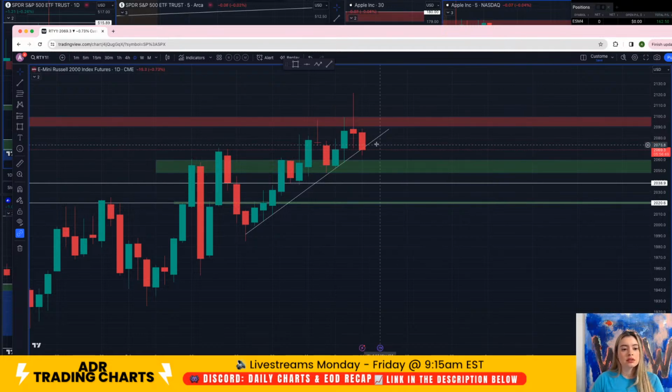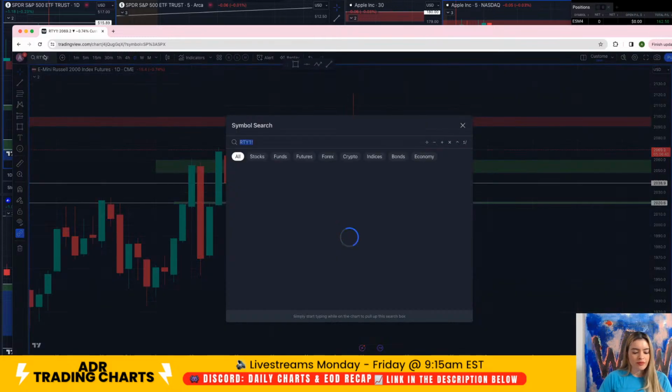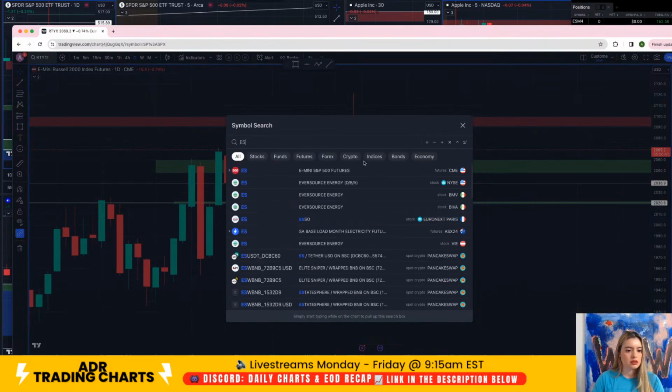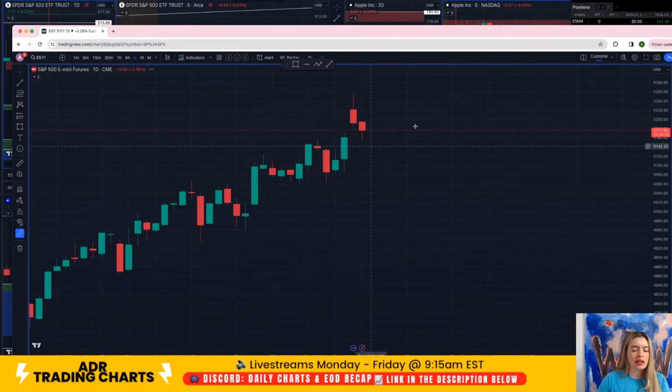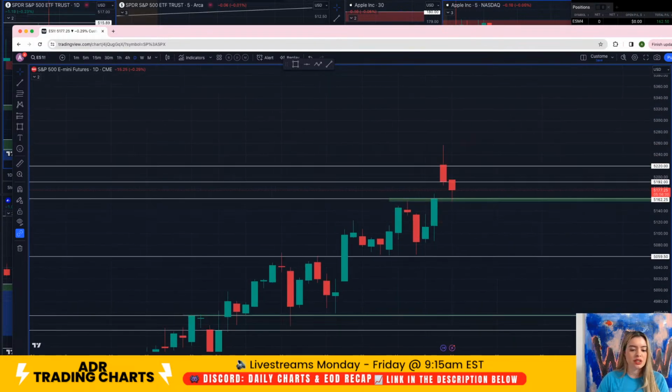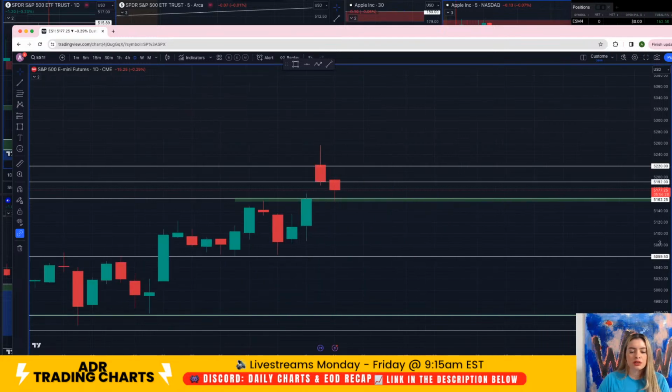You want to see it holding this level here. I think the ES is the cleanest and easiest chart to watch if you like trading with futures charts. I think ES is the easiest one.